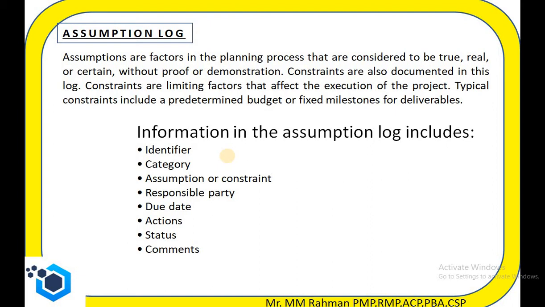Based on that, we have to categorize the assumption. Then for the assumption or constraint, we have to describe what the assumption is and what the constraint is. Then responsible party, due date, action, status, and comment.